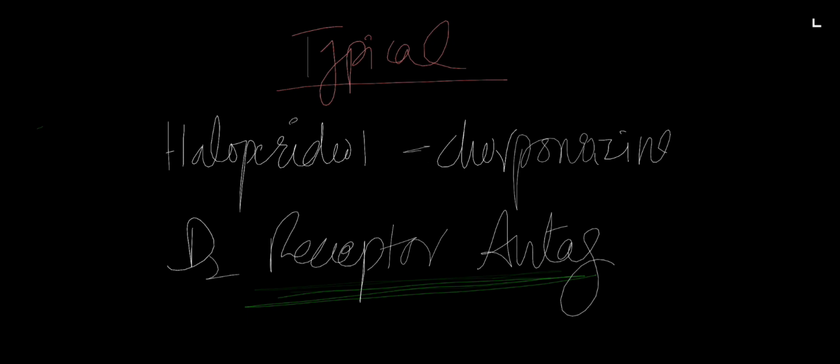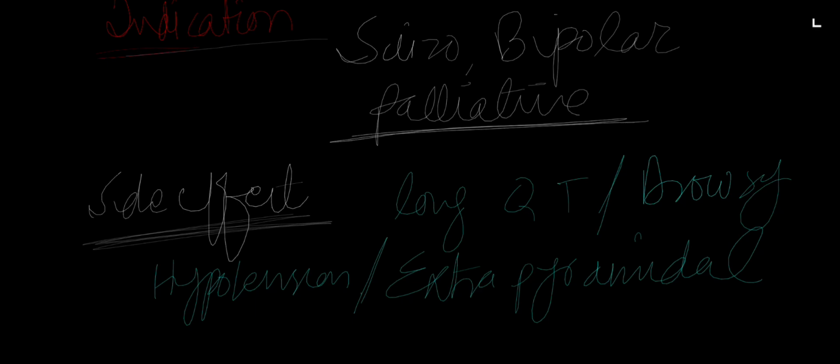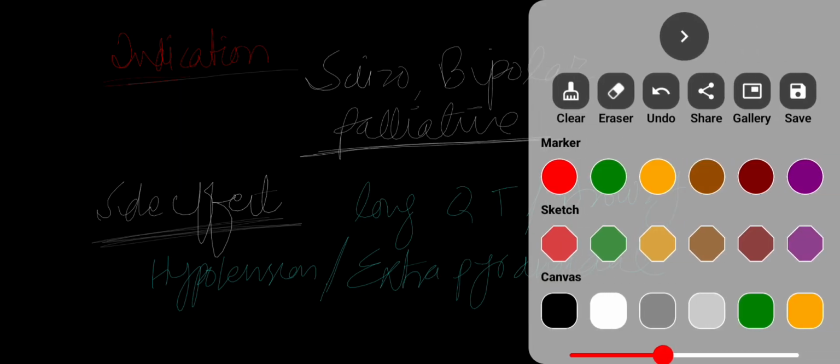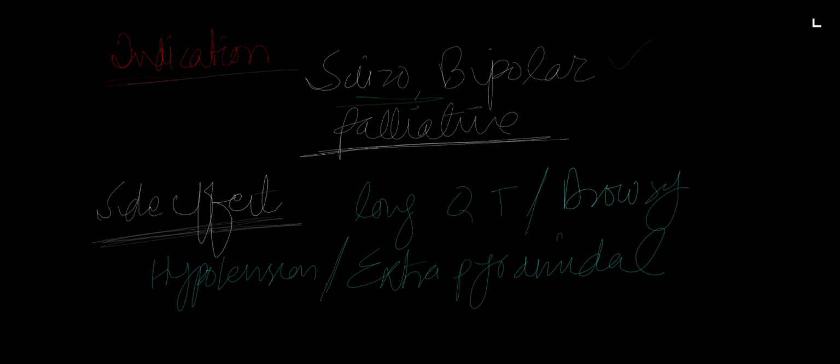Now let's move towards their indication. The indication is the same as the atypical antipsychotics, that is schizophrenia and bipolar disorders, and they are also used as palliative medicine. Haloperidol particularly is used for breathlessness, confusion, and nausea and vomiting in those patients who are in palliative care.